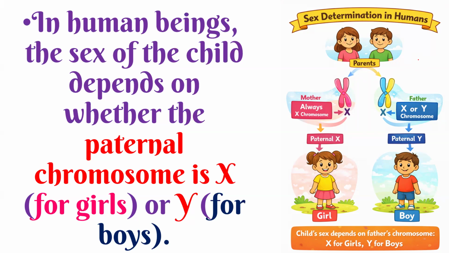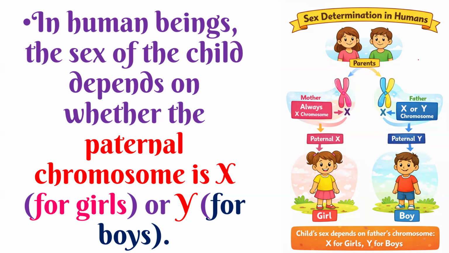The mother always gives the same chromosome, X, to a son or daughter equally. But the father gives Y to a boy and X to a girl. So the sex is determined by the father.